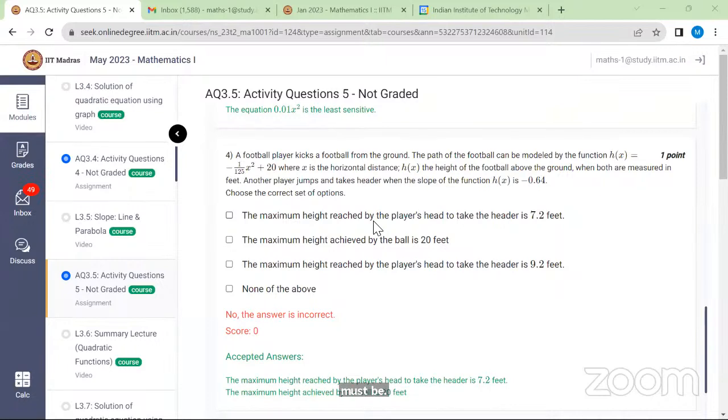And then you have a height of h. Both are measured in feet. That is fine. And another player jumps and takes a header. Okay, so let's discuss this problem.